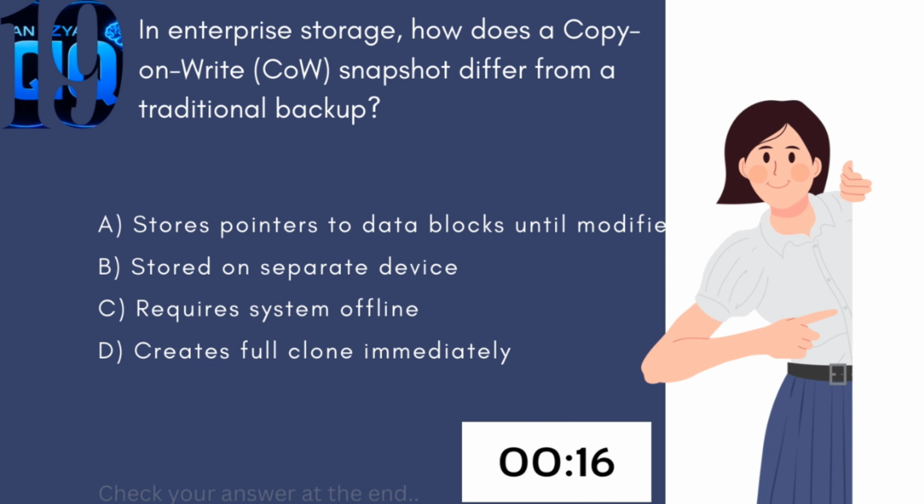And option D, creating a full clone immediately, describes cloning rather than snapshotting. So that's not accurate for copy-on-write snapshots either. So the most important takeaway is that copy-on-write snapshots are about storing pointers until data changes, making them a quick and storage-efficient way to capture the state of your data without disrupting normal operations.